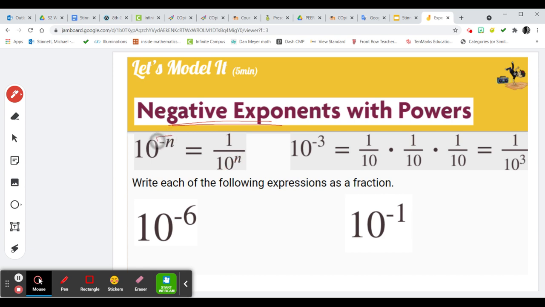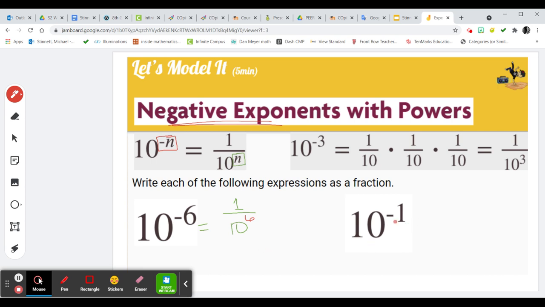Notice here this is a negative n, and down here it's a positive n. We're going to do this in this example so you can see what it looks like. So this is going to be 1 over 10, not to the negative 6 power anymore. It's going to be to the positive 6 power, okay?